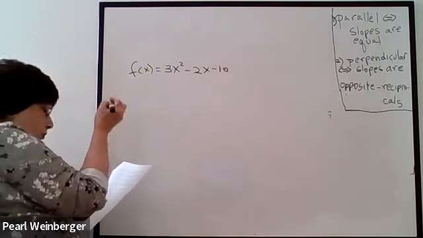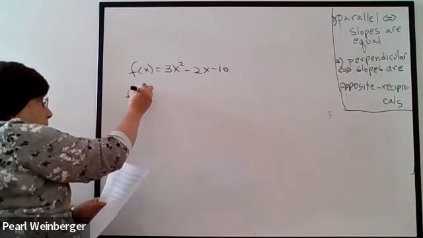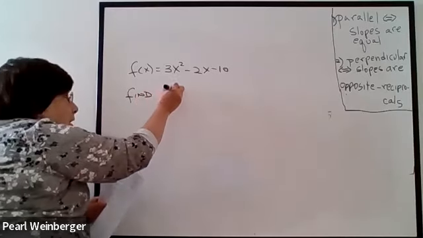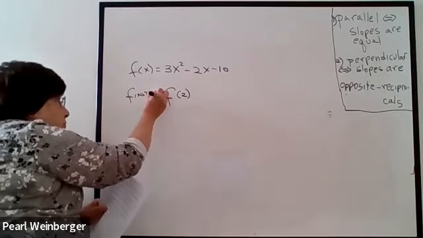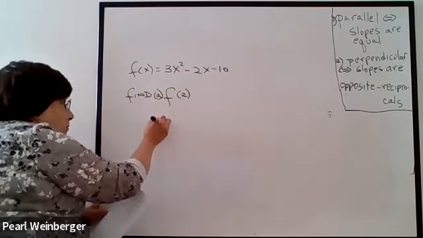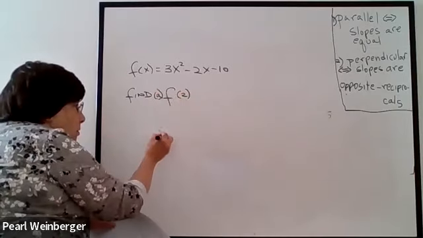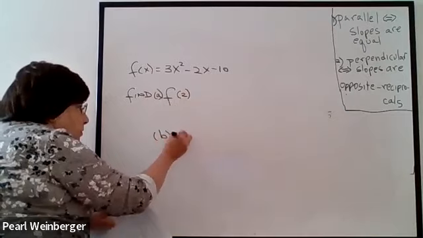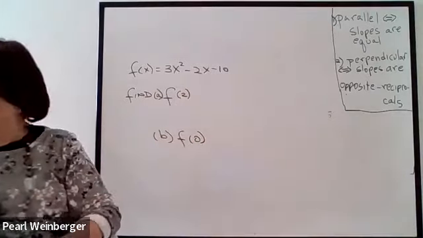And the first question is find f of 2. I want you to do this, find f of 2, and then I'm going to ask you to find f of 0. Okay, I'm going to give you a couple of minutes to try this.